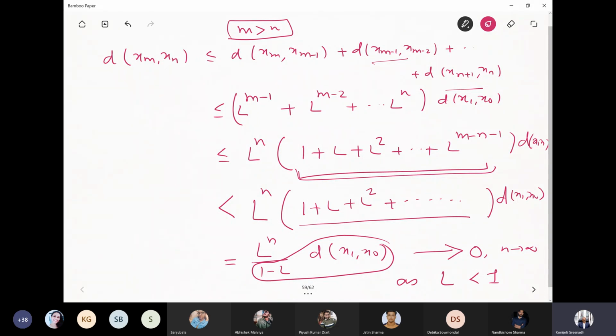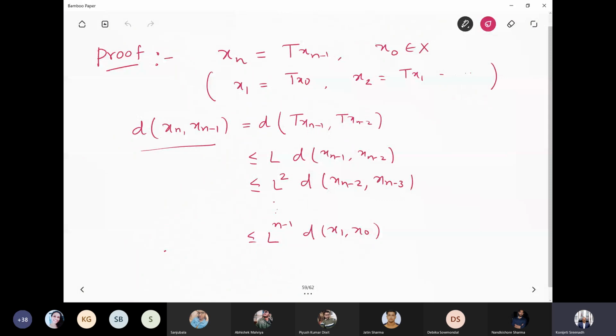So if you have a subsequence of x_n, say x_{n_k}, which converges to x, then I can take the limit, and then also you have Tx equals x. It's possible just by taking the limit.